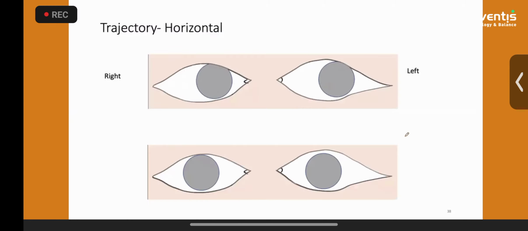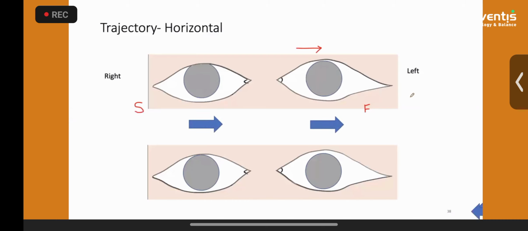Now let us look at the direction. Okay. In horizontal trajectory, there are two possibilities. One is it can be towards the left side. Now here you can see that the fast phase is towards the left, and the slow phase is towards the right. So this is nothing but the left beating nystagmus.